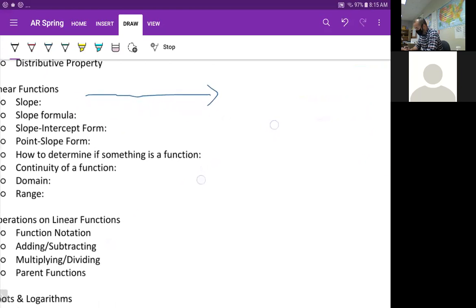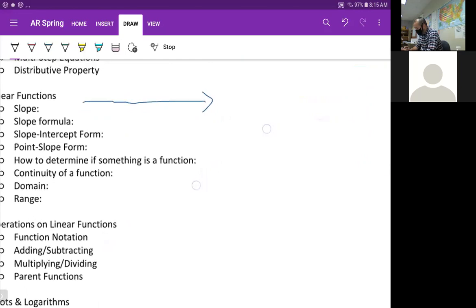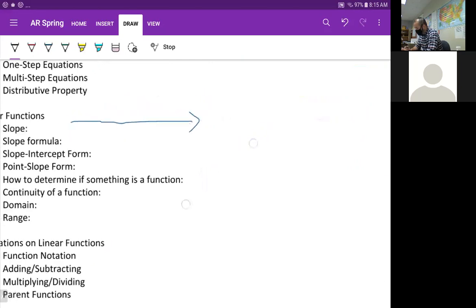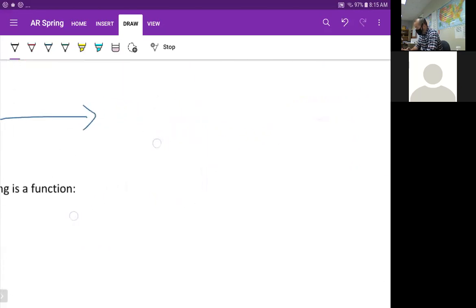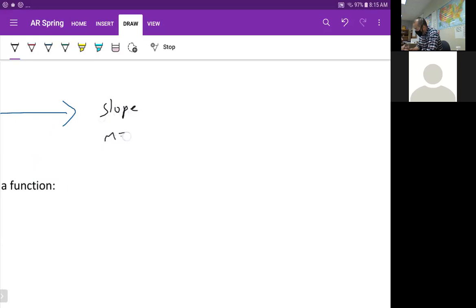The next three are formulas. Let's do this. The slope formula is m equals y2 minus y1 divided by x2 minus x1. That's slope.